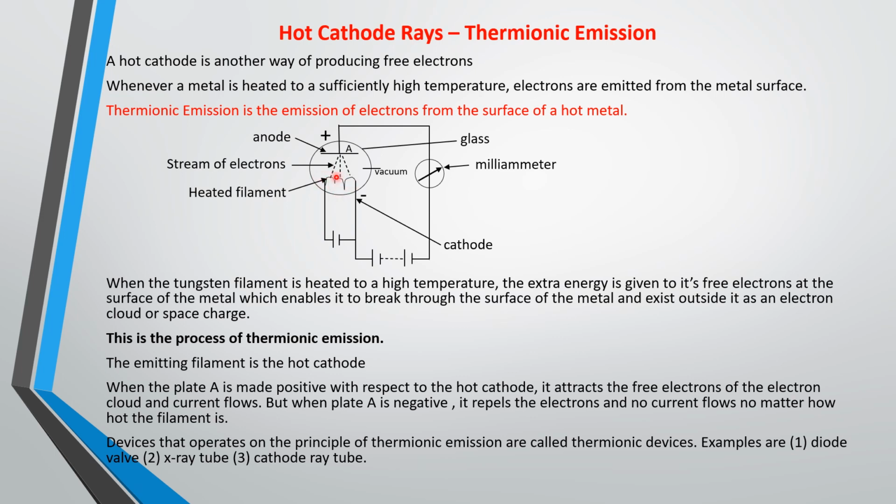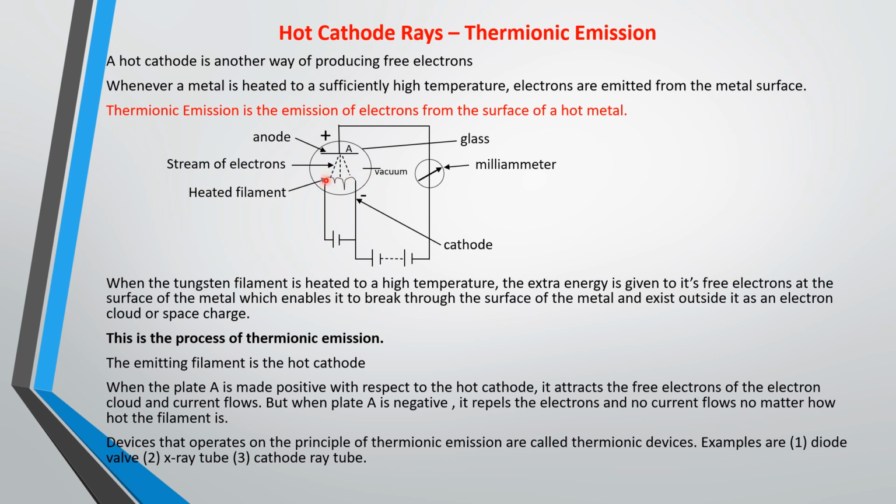All right, so when the tungsten filament is heated to a high temperature, extra energy is given to its free electrons at the surface of the metal. So when this tungsten filament is heated, electrons are emitted from the surface. The extra energy given to the free electrons at the surface of this metal enables them to break out.